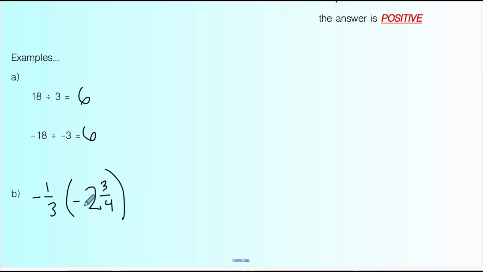Remember, this is a way you can write multiplication, by the way. When you have one number right next to another number in parentheses and there's no operation symbol in between them, it's inferred by people in mathematics that we are multiplying. So this is a multiplication problem.